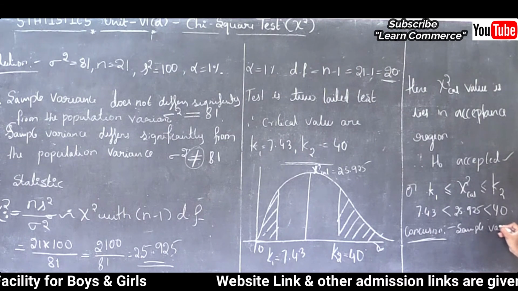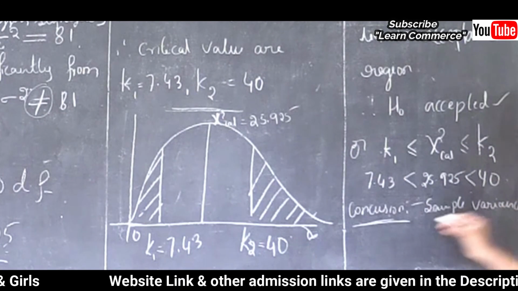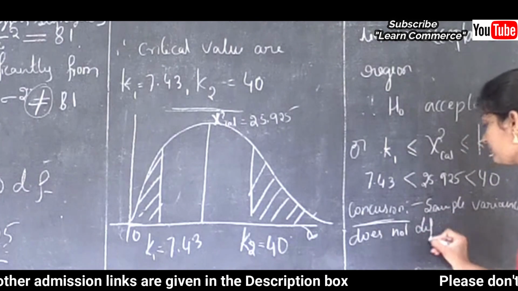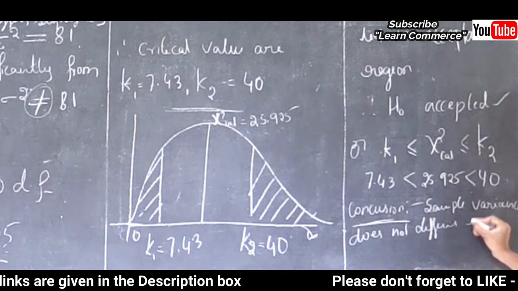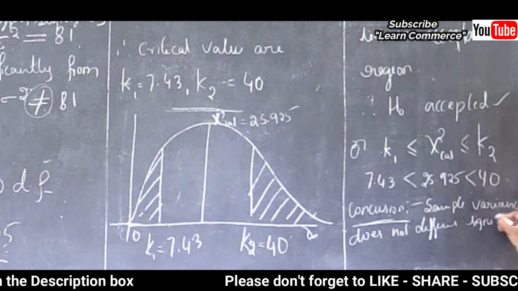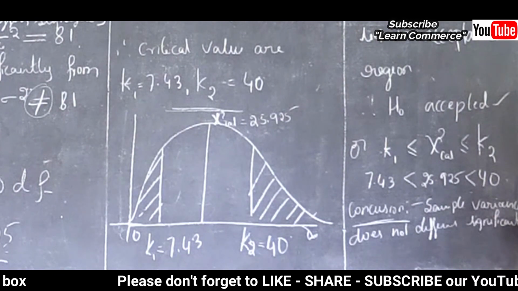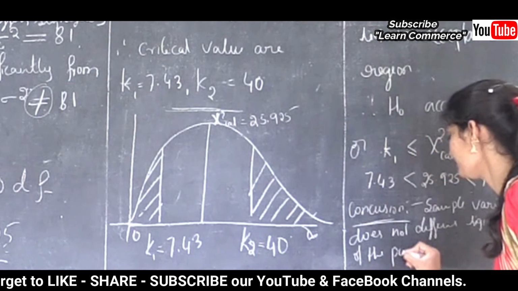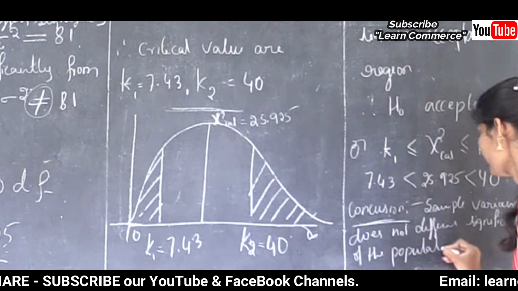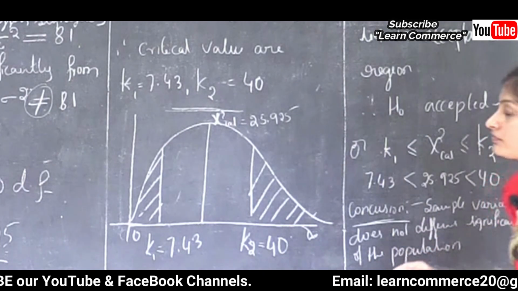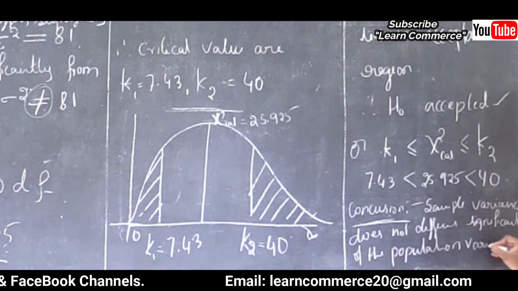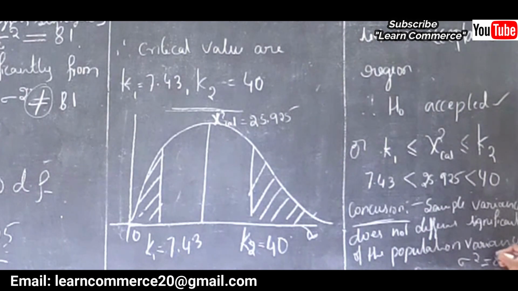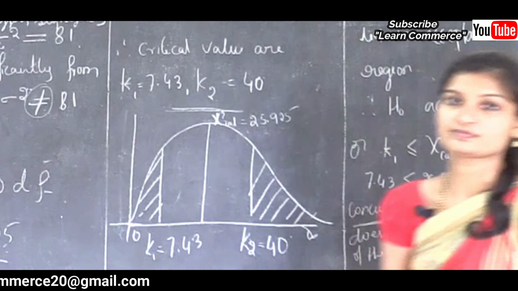That is, we can write sigma square is equal to 81. Okay, this is the conclusion.